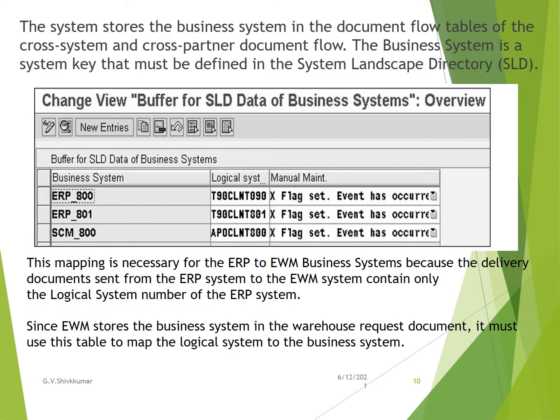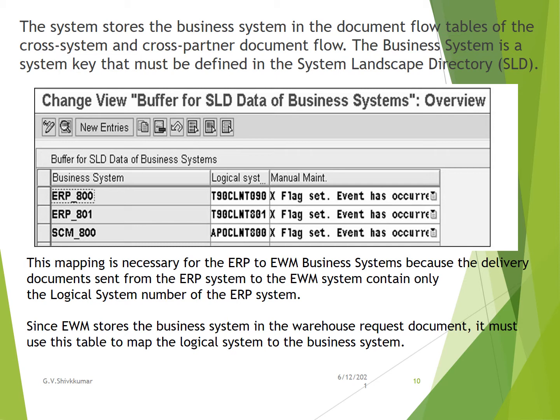The system stores the business system in the document flow tables of the cross system and cross partner document flow. The business system is a system key, which must be defined in the system landscape directory, SLD. Normally, whenever the document flows, it will update the respective tables. So cross system data tables and the partners will flow between two different systems.